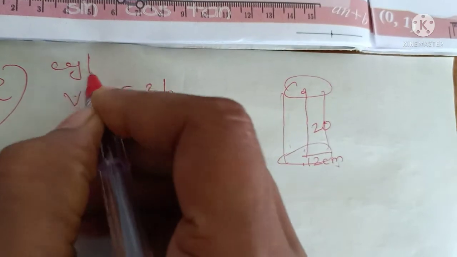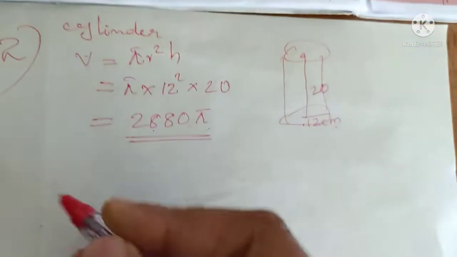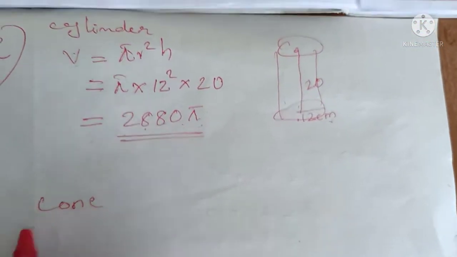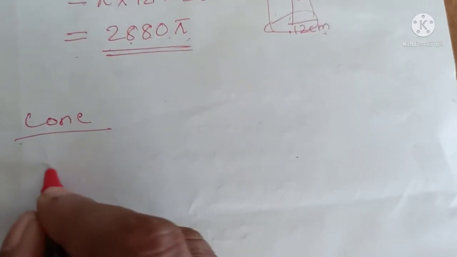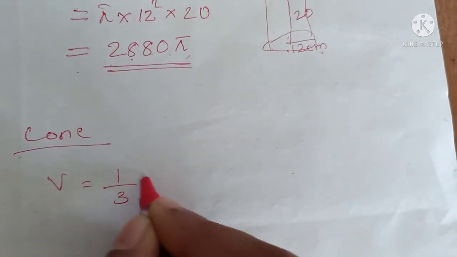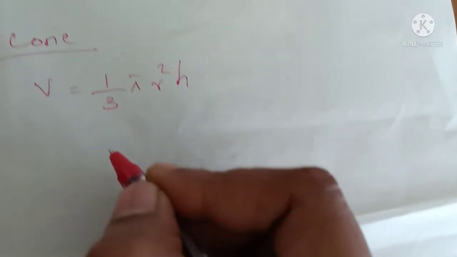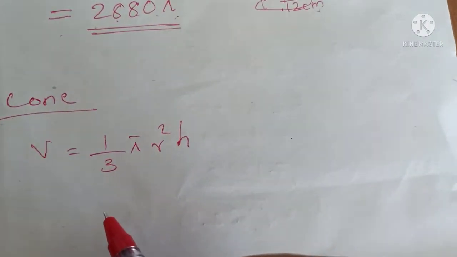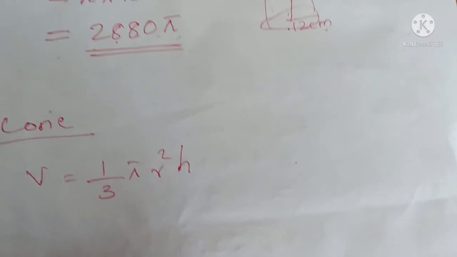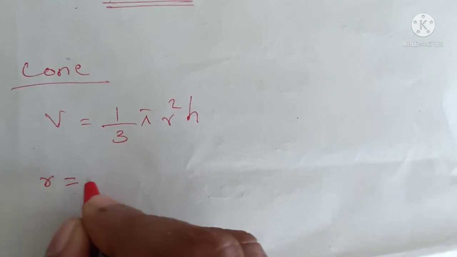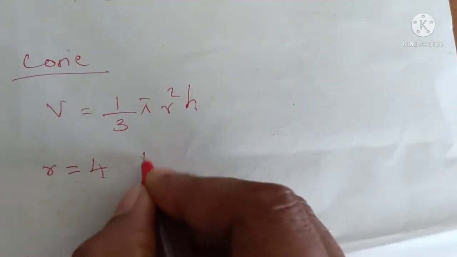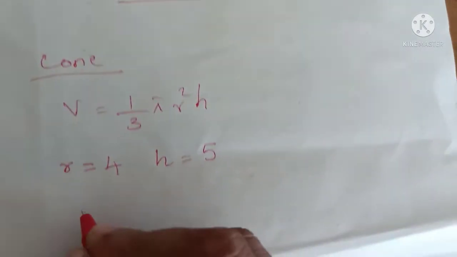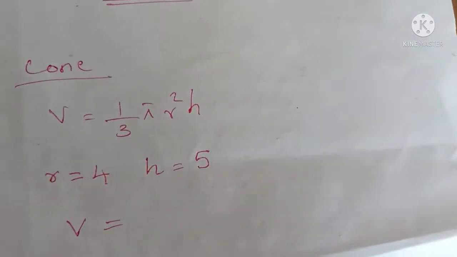This is the volume of the cylinder. Next we need the volume of the cone. Volume of cone is 1/3 pi r square h. Here the base radius is 4 cm and height is 5 cm.